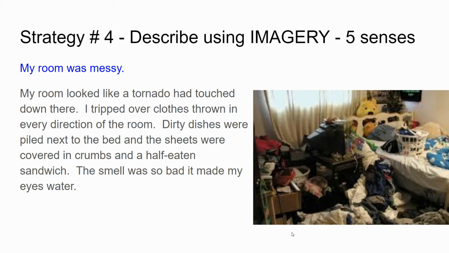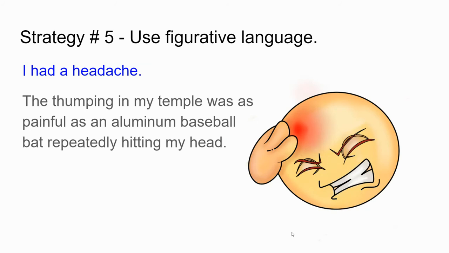So in your personal narrative, if there is another way for you to describe something in more detail, using those five senses really, again, puts the readers into your shoes so they experience everything you experienced using your senses. In addition to using imagery, you can also use figurative language. Figurative language is not literal.